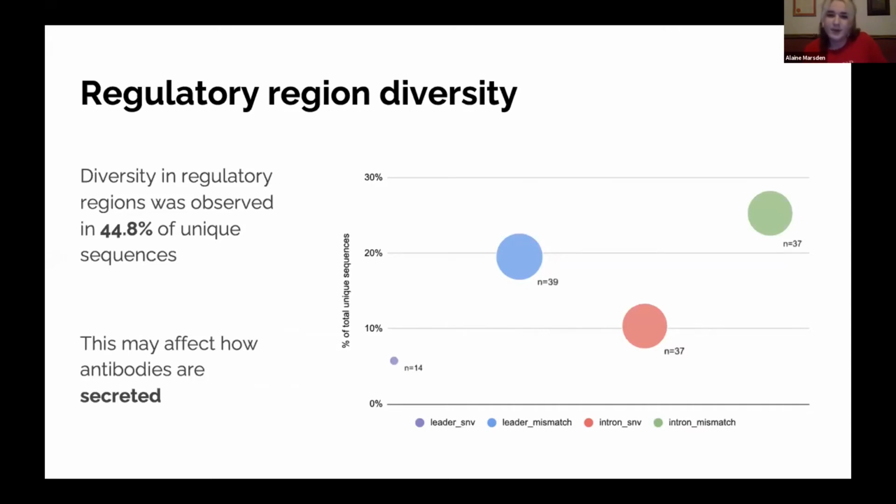It's a bubble plot where the size of the bubble for each different kind of variation indicates the number of individuals it was found in, and how high that bubble is the percentage of unique sequences it was found in. And overall mismatch was surprisingly common, especially in the intron. And so we hypothesized that this variation might have some kind of effect on how antibodies are secreted and expressed.